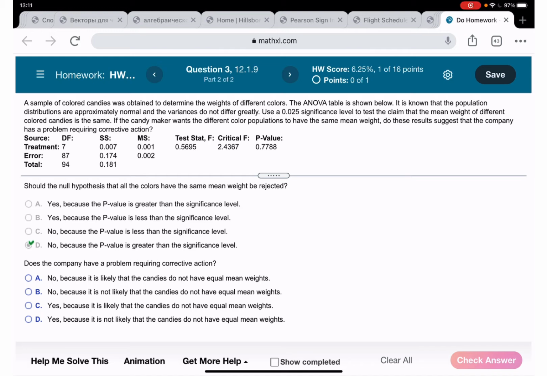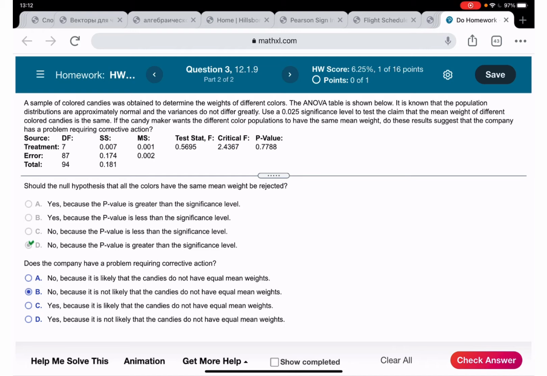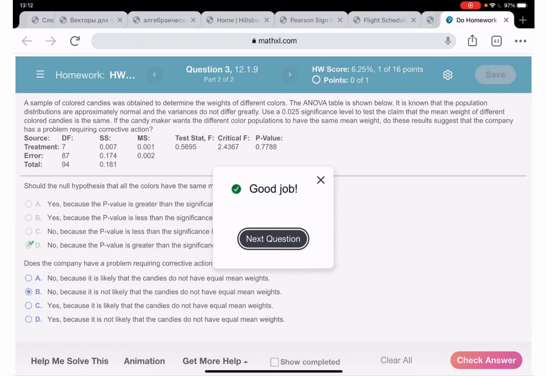And that means it is not likely that the candies do not have equal mean weight. Two negations make it positive, right? Not likely and not have, which means they do have equal mean weight. All right.